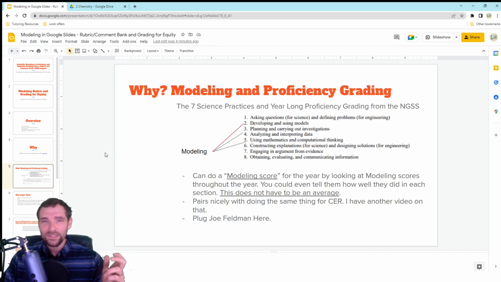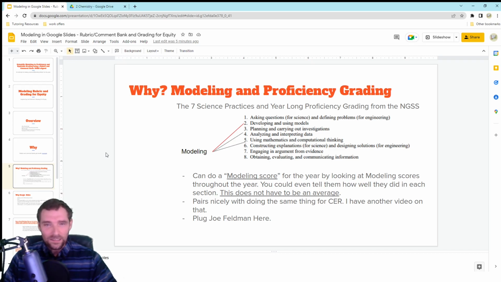And the reason that I emphasize modeling so much is this is huge in science. You have to be able to develop models and work with those models. That's what scientists actually do, right? So the NGSS, the Next Generation Science Standards, they've got 8 practices, and anything in science can fall into one or multiple of these practices.